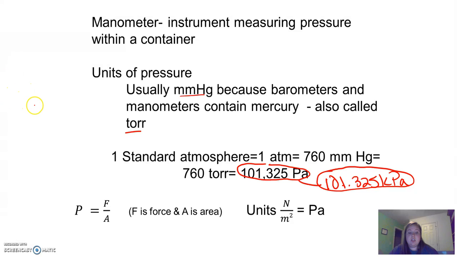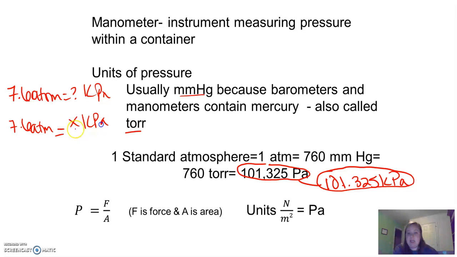My recommendation is just to set up a proportion similar to what we were doing in stoichiometry. So for example, if I am asking you to convert 7.6, let's just say atmospheres, into how many kPa that is. I would do 7.6 atmospheres is equal to X kPa. And then on the bottom of my proportion, I would set up your standard units.